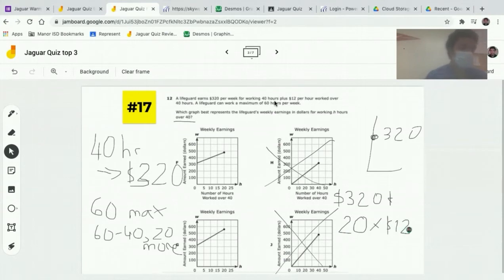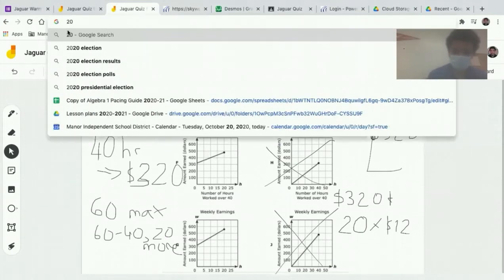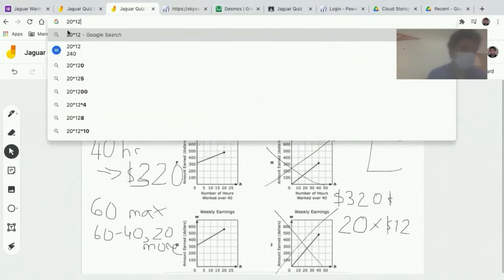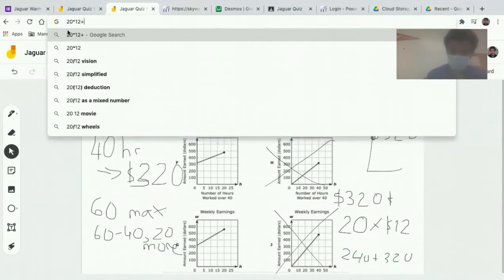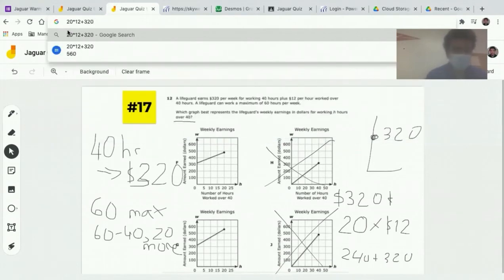If you add 320 plus 20 times 12, that'll tell us the total amount maximum the lifeguard can make. So you can just use a calculator for this first part. So 20 times 12 equals 240. So 240 plus 320 equals 560.